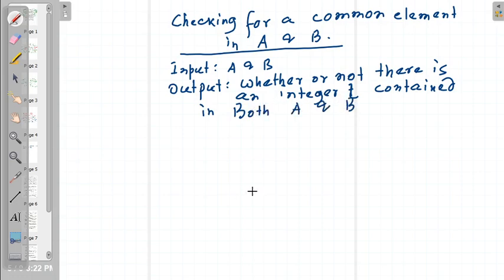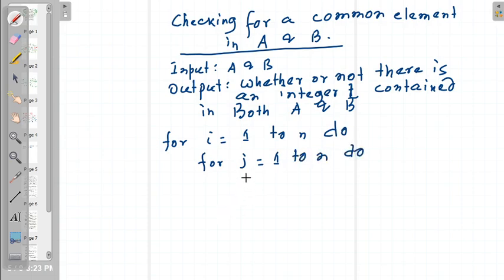So what we can write here is: for i equals 1 to n do, and then for j equals 1 to n do.